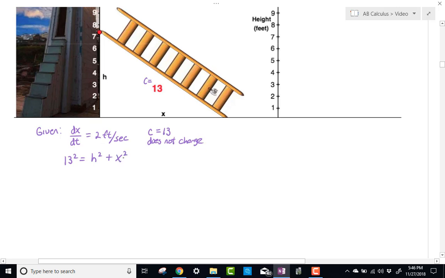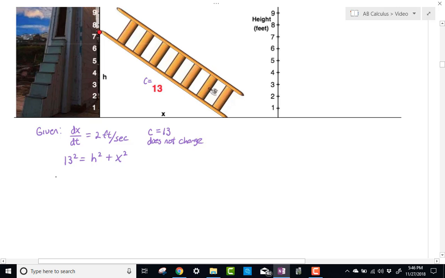Now, you're asking yourself, why did we plug in 13? The reason we can plug in 13 this time is because the 13 doesn't change. H is consistently changing. As the ladder falls, H changes. As the ladder gets pulled out, X is changing. So I cannot plug in for H or X if they are changing.